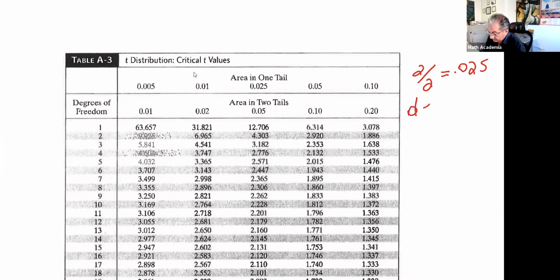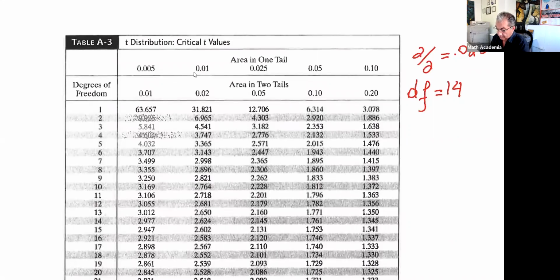And the degrees of freedom was n minus 1, which was 15 minus 1 for our problem, and that was 14. One more time, forget the area in two tails. Just go 0.025 in one tail and degrees of freedom 14.